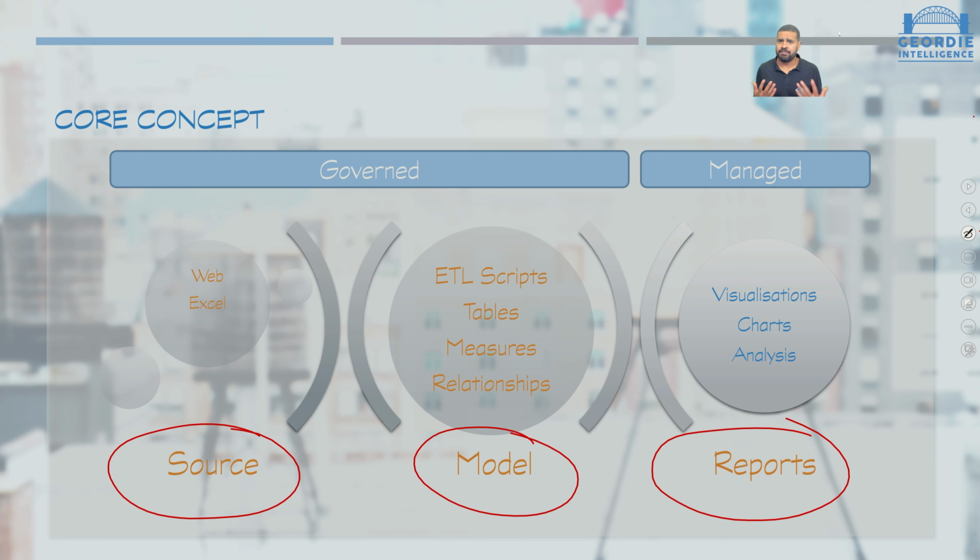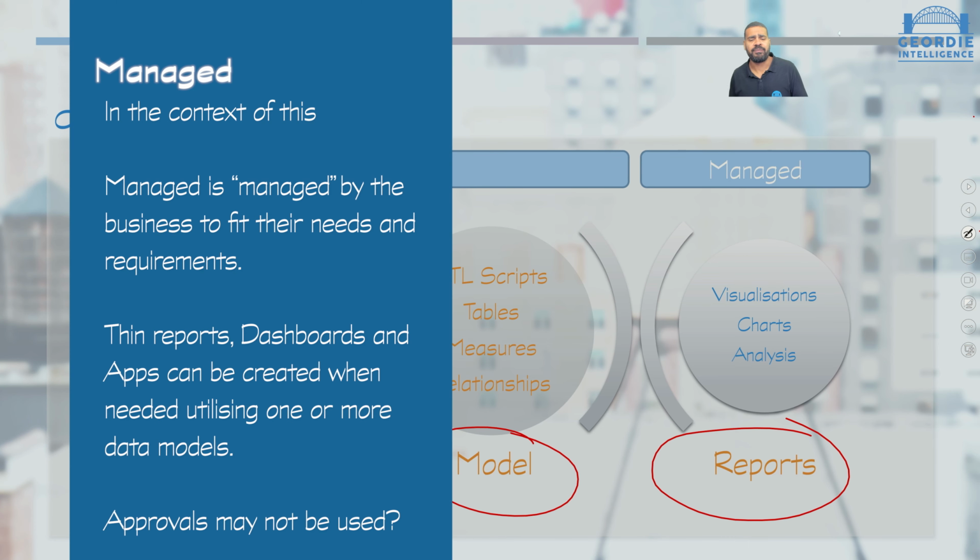So your source and model information become really governed. That has to be where you are looking to govern and control and manage and understand what goes on there. And your managed area is where you'll have your visualizations, your charts, your analysis, your apps. That's your end user consumption layer.